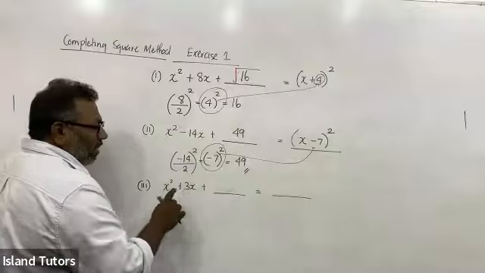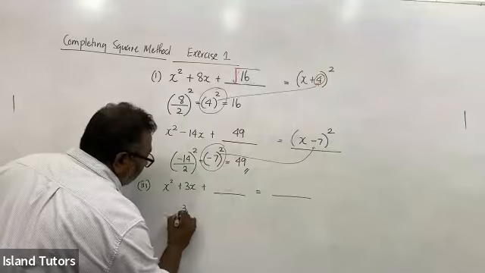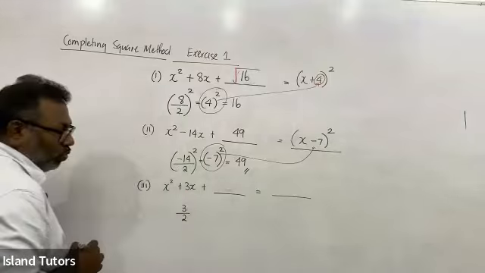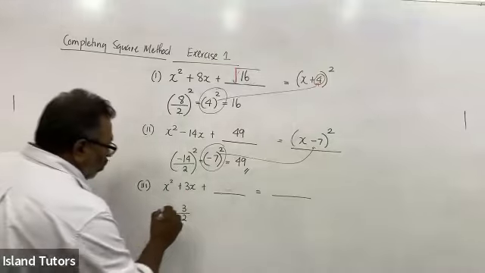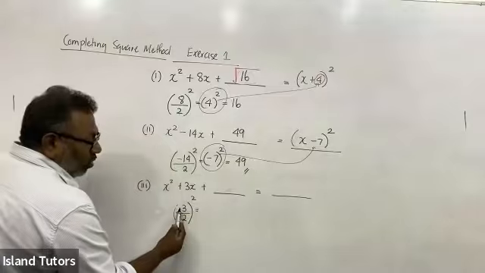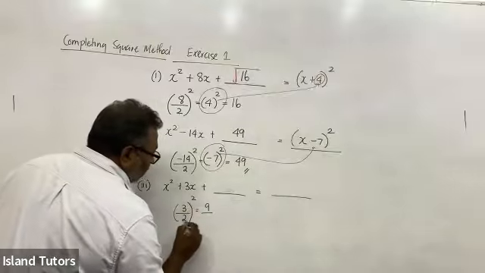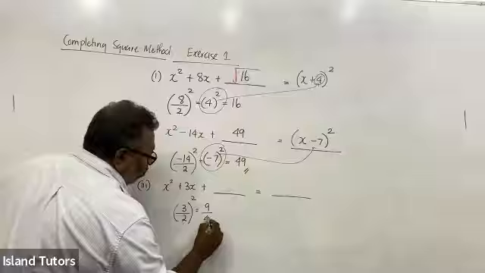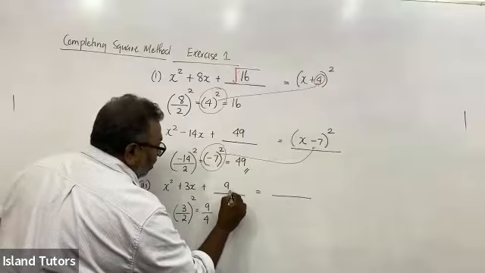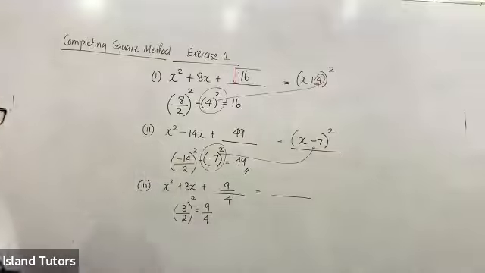Take the middle term and divide it by 2. So 3 divided by 2, whole thing squared. So 3 into 3 is 9. 2 into 2 is 4. So you have 9 over 4 over there.